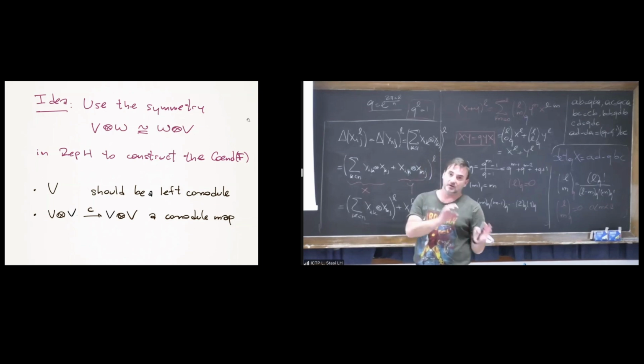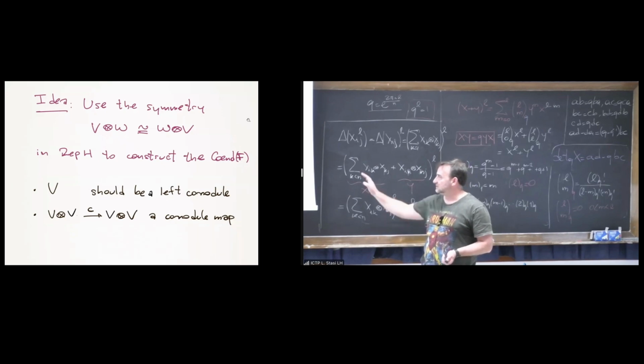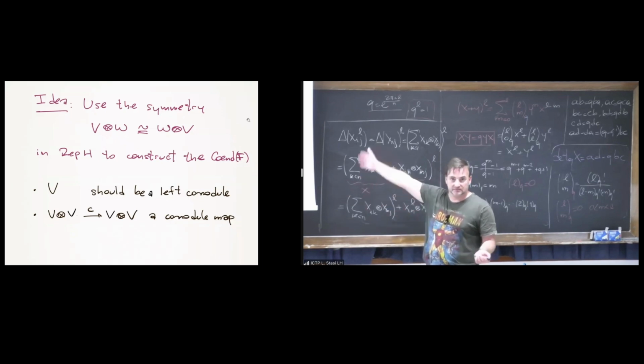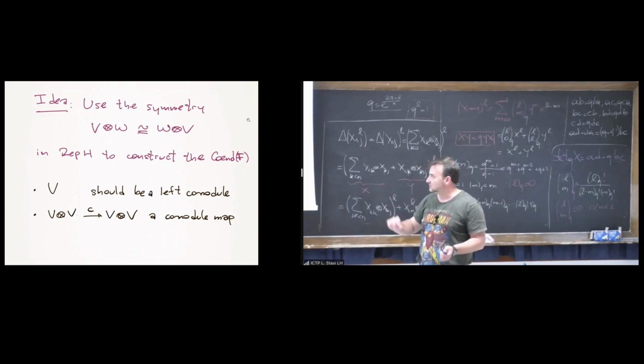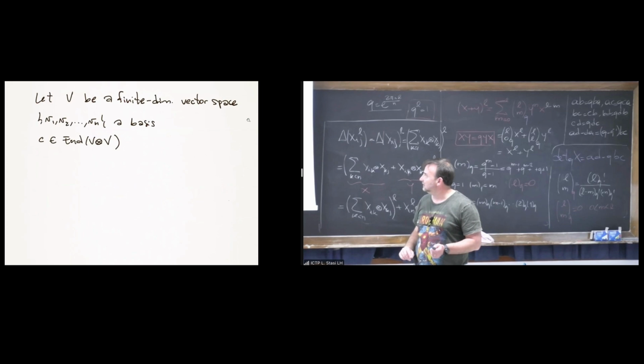And so you take one comodule, and we can interchange the comodule with itself using this symmetry, yeah? And the idea is this symmetry should be a comodule map. With these two ingredients, we construct a function algebra, okay?